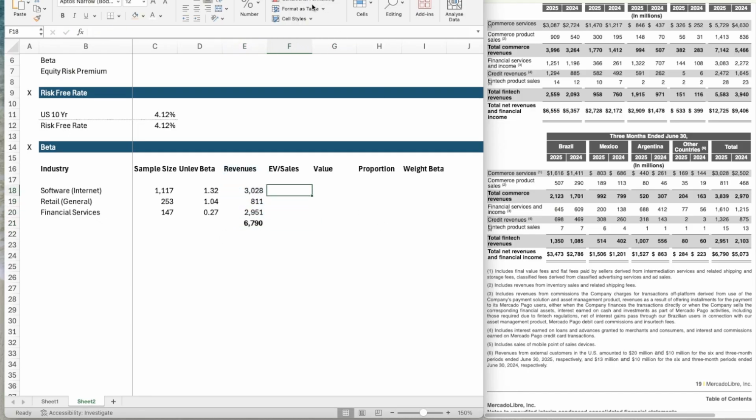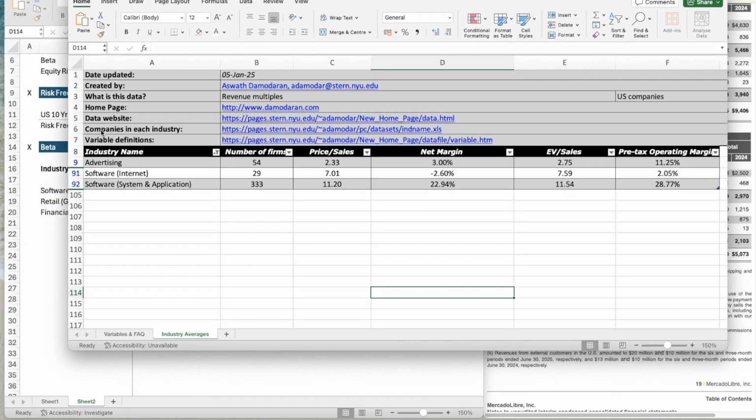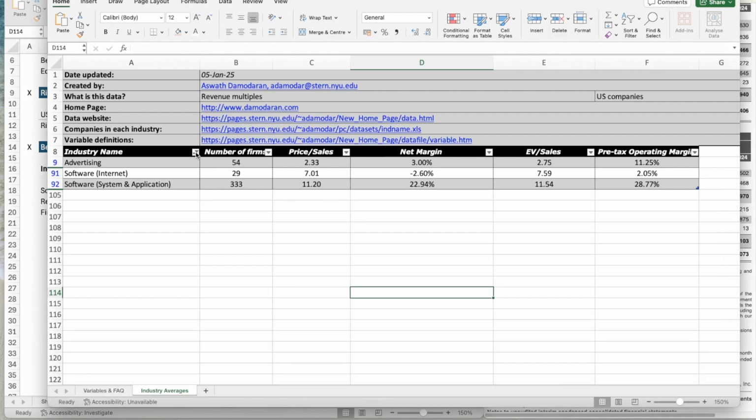So the EV to sales now, we get that from another one of the spreadsheets. So let me just pull it across. There we go.